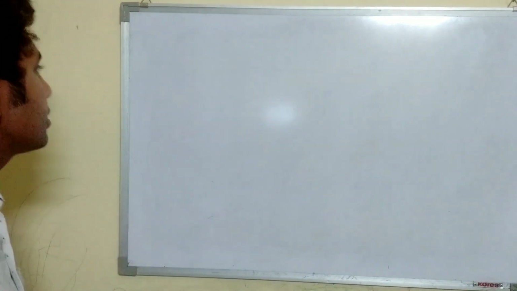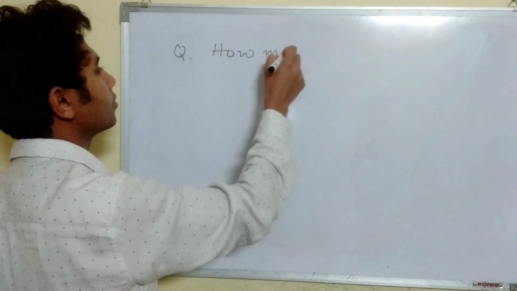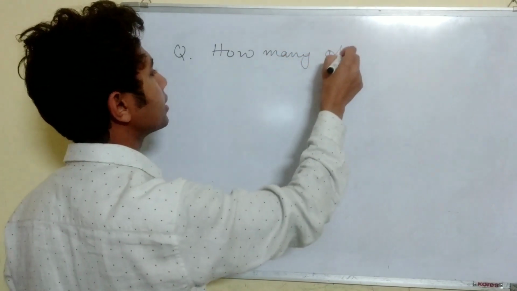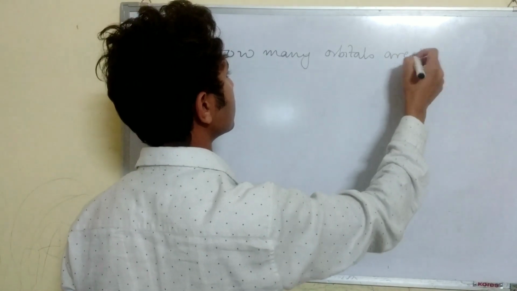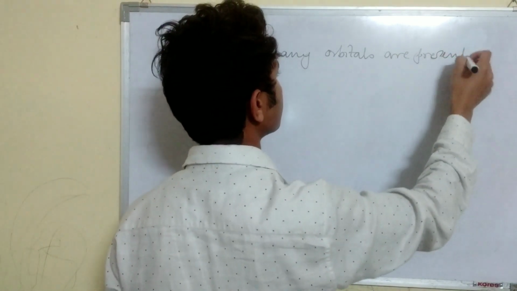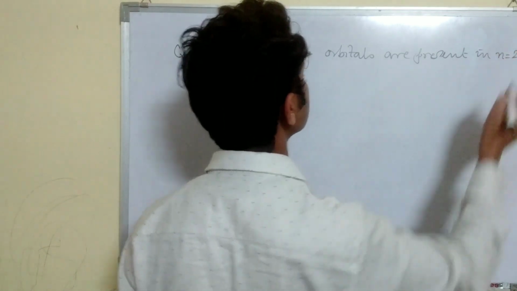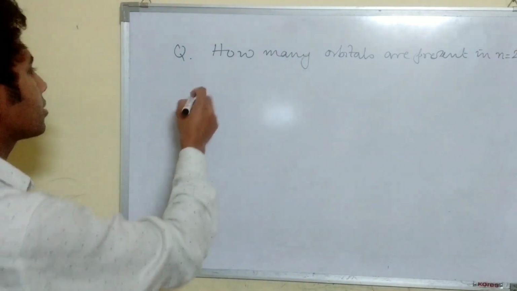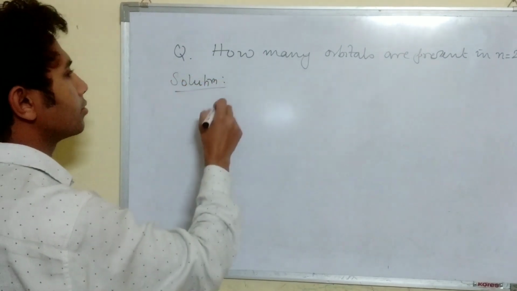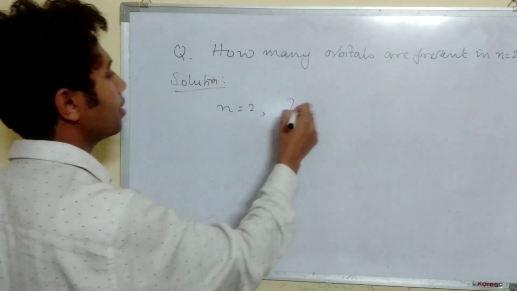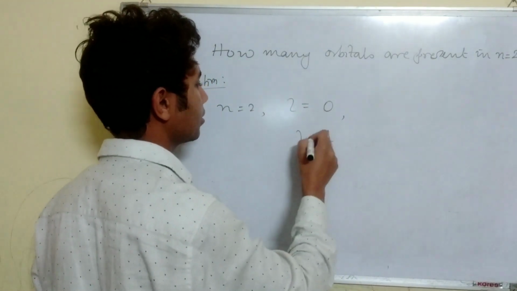So students, if we just have one question, how many orbitals are present in case of n is equal to 2? So what we will get? For n is equal to 2, we will have L is equal to 0 and 1.